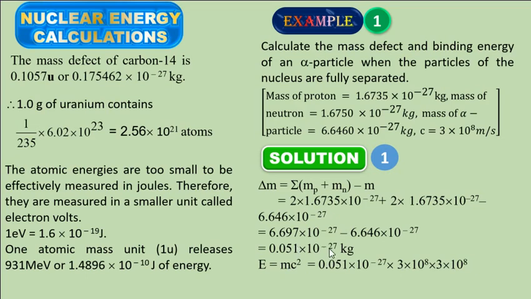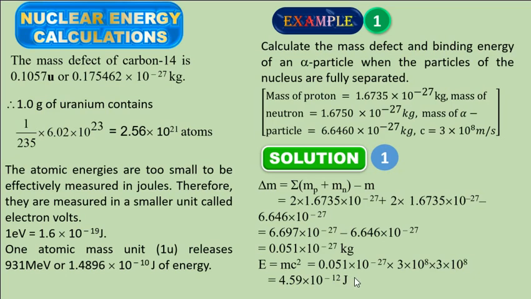Then we make substitution. The mass defect is 0.0151 times 10 raised to the power minus 20, you put it here. Then the speed of light is given as 3 times 10 raised to the power 8 meters per second. You multiply it by itself, or you can square it depending on your choice. Now using a calculator, you can carefully evaluate this, and you are going to discover that the energy release will be 4.59 times 10 raised to power minus 12 joule.